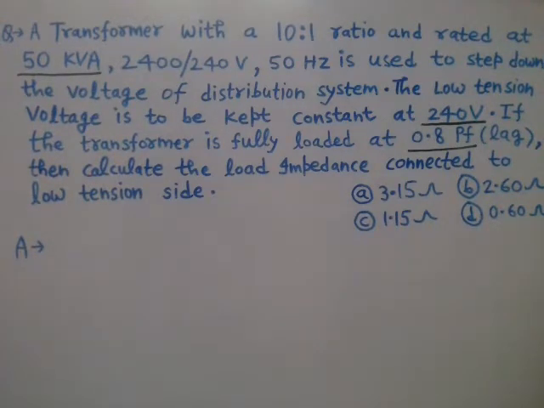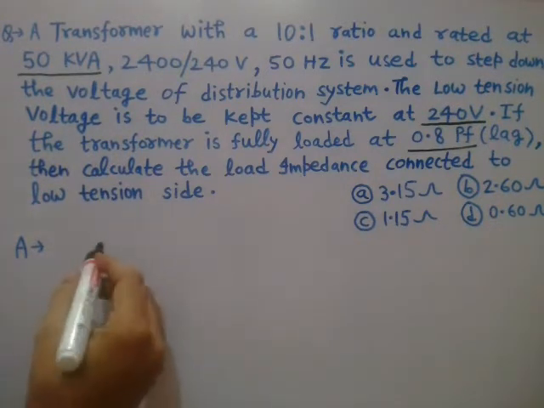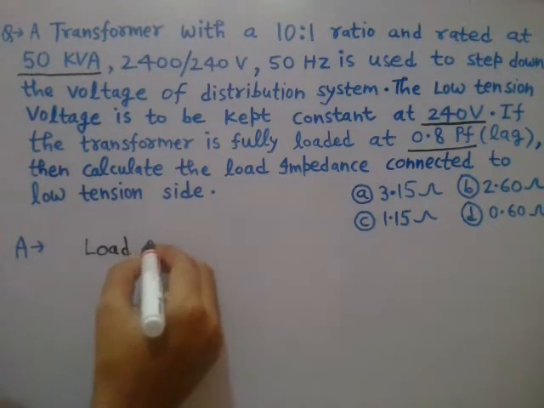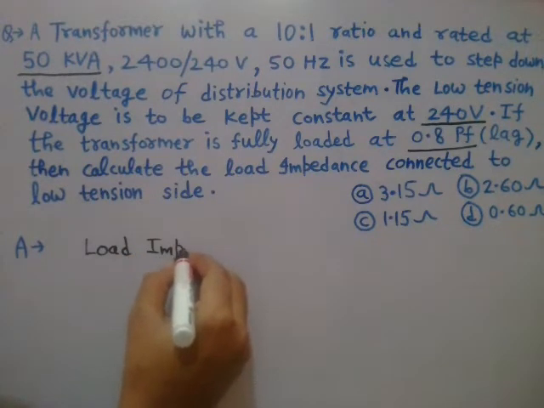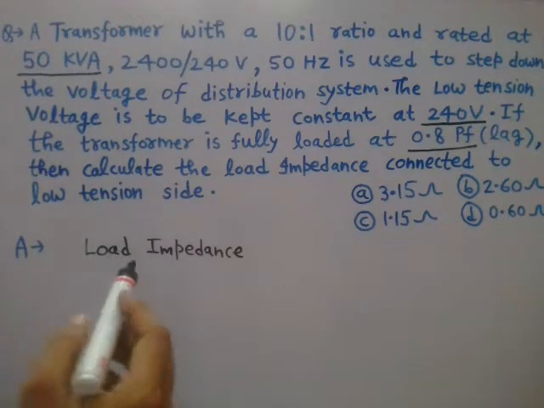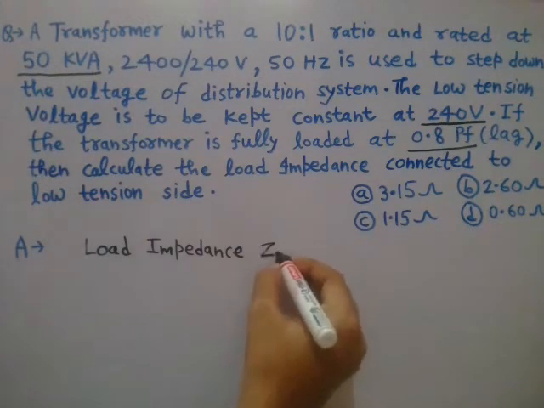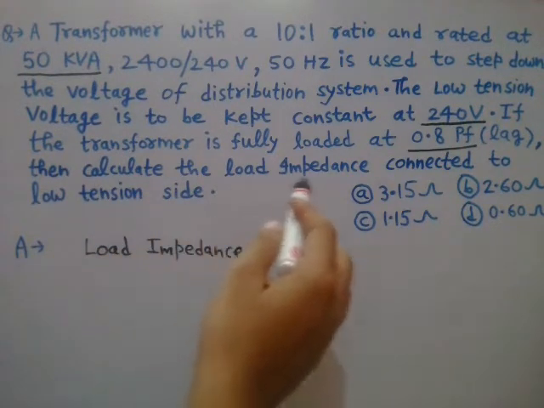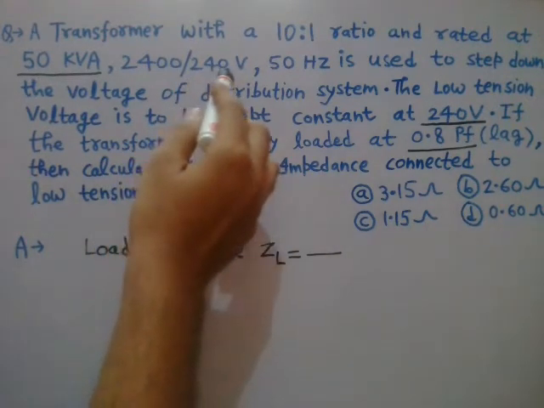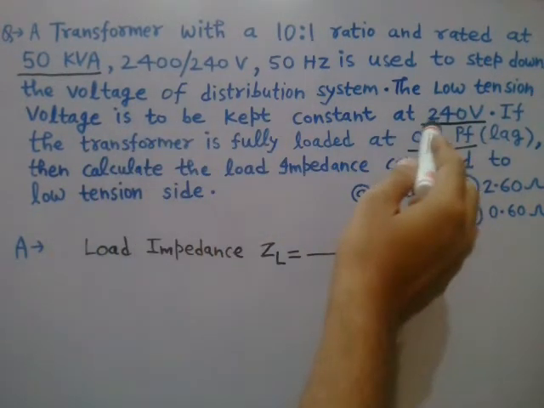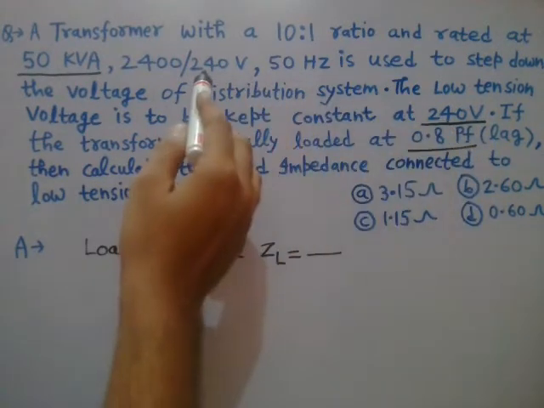So how to solve this numerical? That's very easy. The load impedance is given by Z_L, and since he is asking for the load impedance connected to the low tension side, which is 240 volt, that is the secondary side.